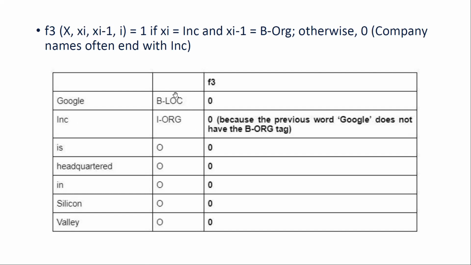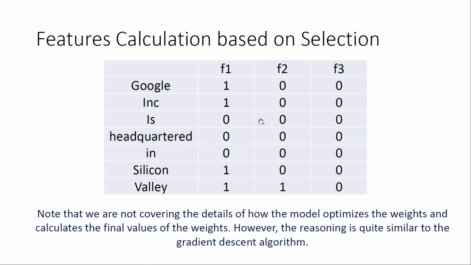Based on this rule. But this is having zero only because the first prediction is B-loc, not B-org. Location Bravo, it should have been organization. So all of them are having zero. So the final one becomes like this. This is how we have calculated the three features, 1 1 0 0 0 1 1, and similarly for others.